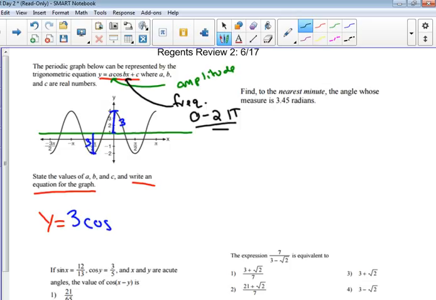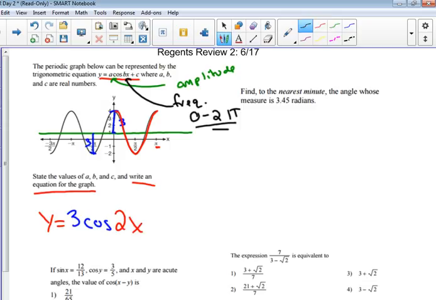You have to get an idea of what would happen if you went to 2 pi. Cosine curves kind of look like horseshoes. So here's one full curve, and that only goes to pi. If you went to 2 pi, if you doubled it, how many curves would you see? 2. Good. So this is going to be 2x.